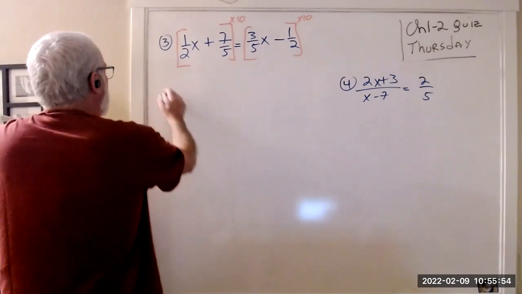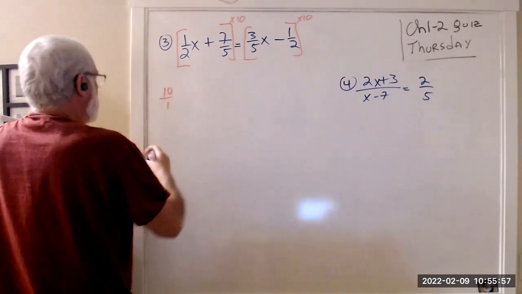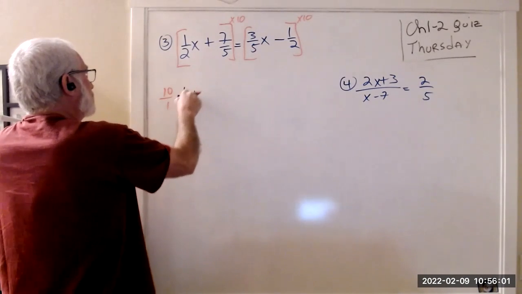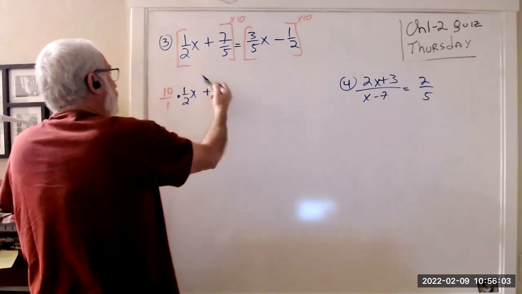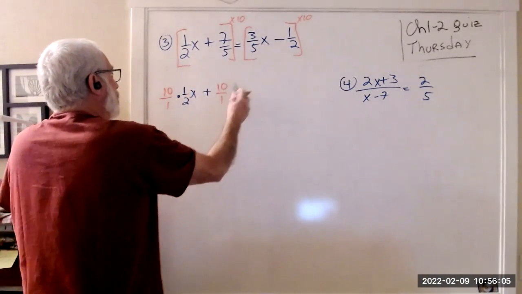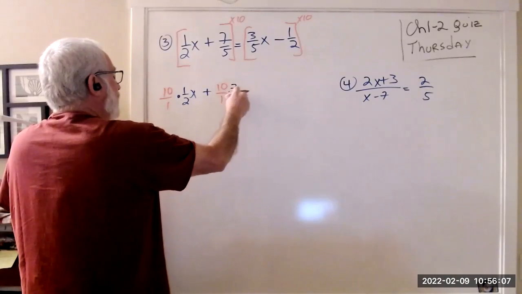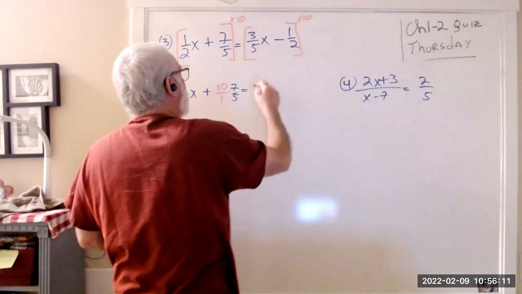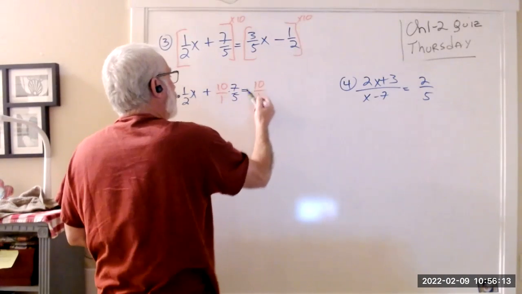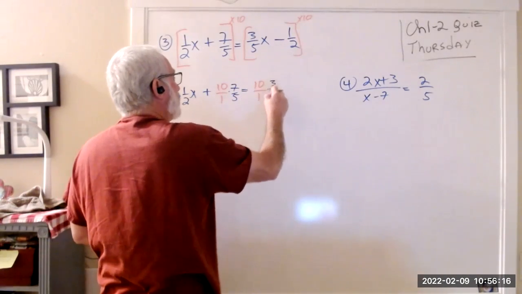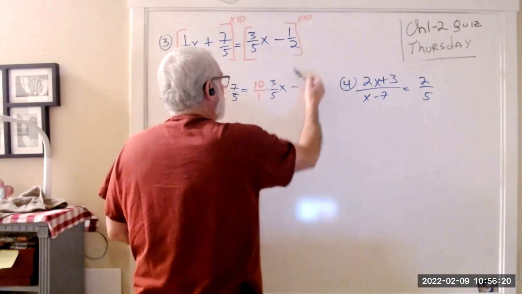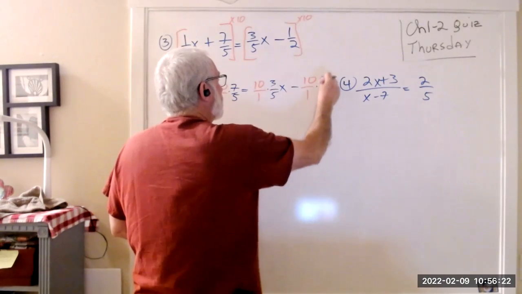So we're going to have 10 over 1 times 1/2 x plus 10 over 1 times 7 over 5 equals, distributed in here, 10 over 1 times 3/5 x minus 10 over 1 times a half.